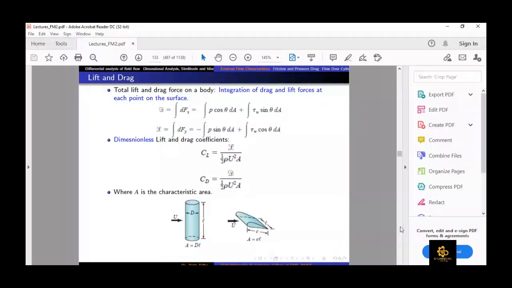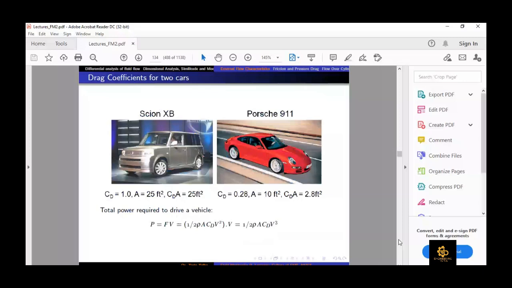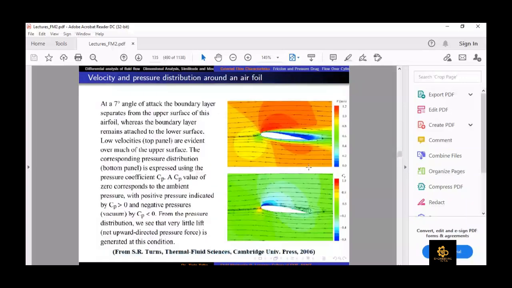Then in the last class we also discussed that the drag coefficient for a blunt body like this Toyota Scion would be higher as compared to a racing car like this one on the right hand side. And then for the aerofoil, we also discussed that there are two types of bodies: one is the streamlined body like an aerofoil, and the other is blunt bodies in which the frontal area is more.